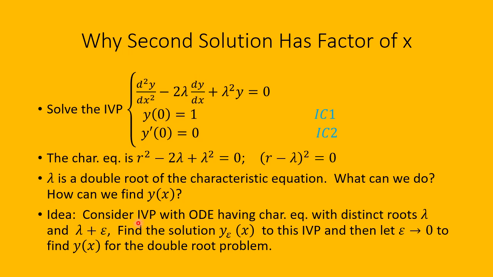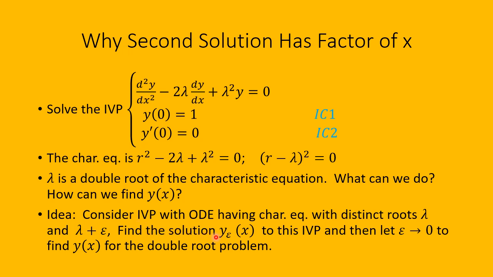Instead of looking at this initial value problem that has a double root of lambda, let's consider a slightly altered initial value problem where the characteristic equation has distinct roots, lambda and lambda plus epsilon, where epsilon is some non-zero number. So we'll have, in this initial value problem down here, two distinct roots. And so we can use the technique that we had before for finding solutions to that.